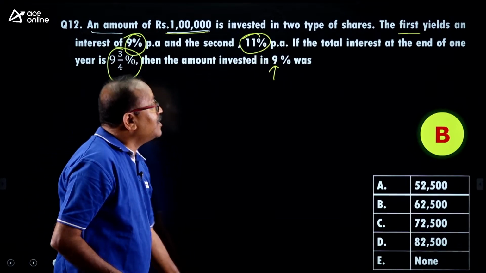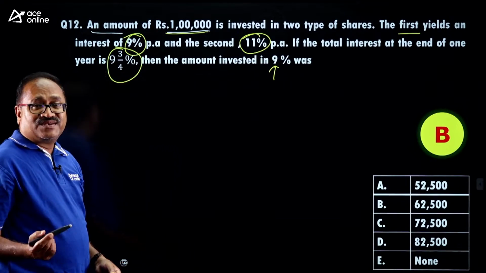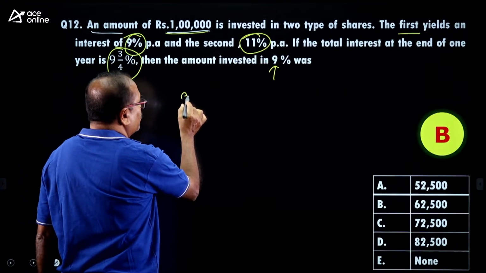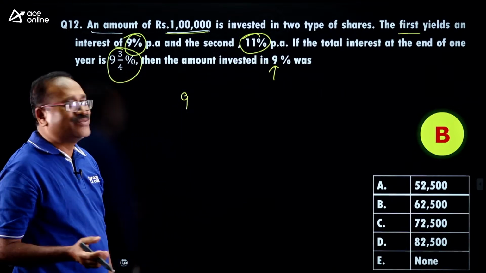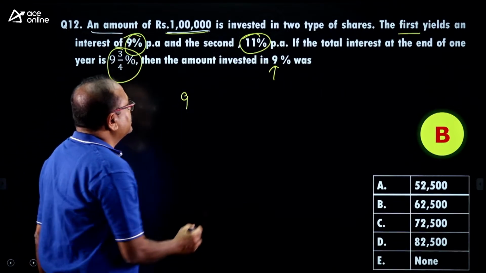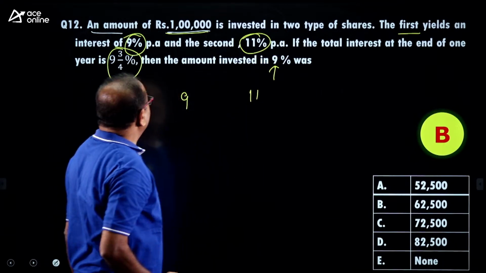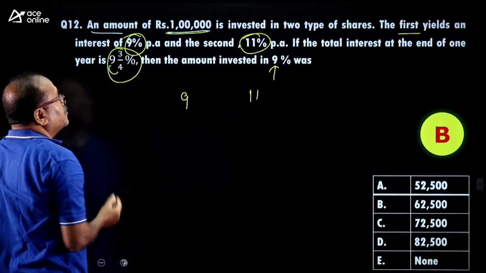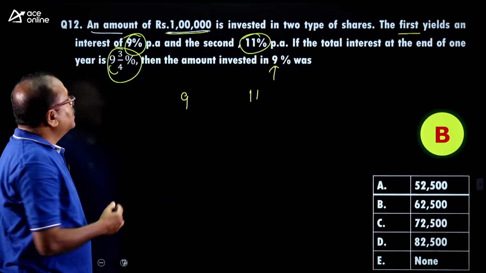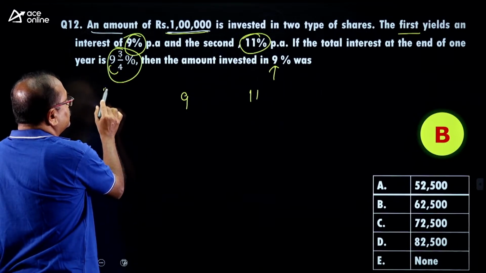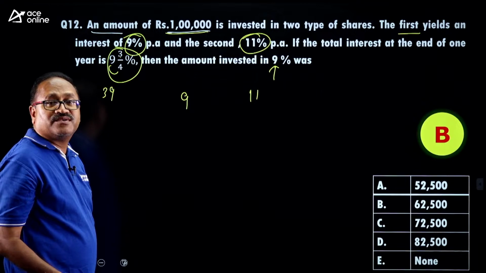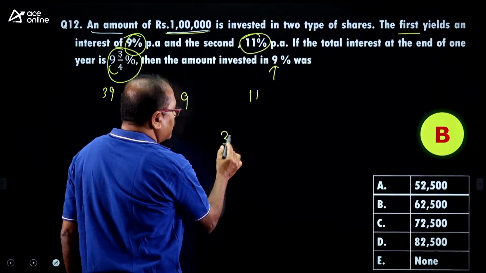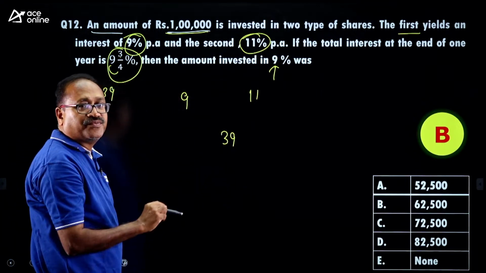How do I do this one? By this time those who have already prepared must be knowing how to do it. This is the 9%, this is 11%, and this is 9 3/4, that is 39 by 4.